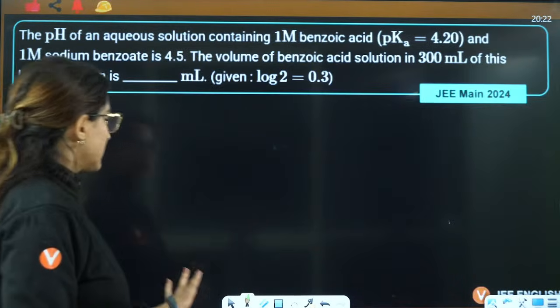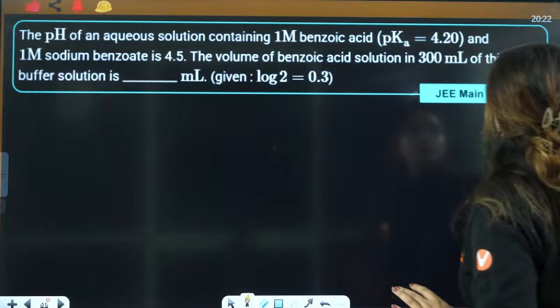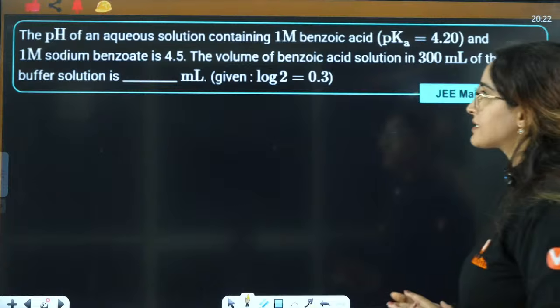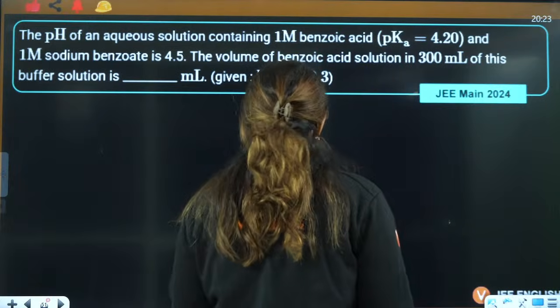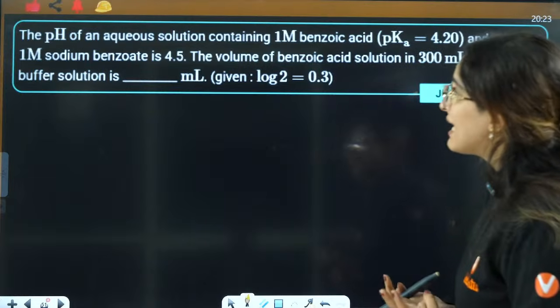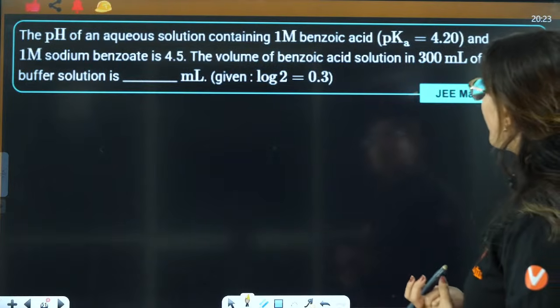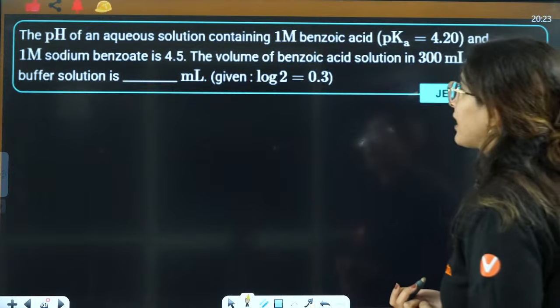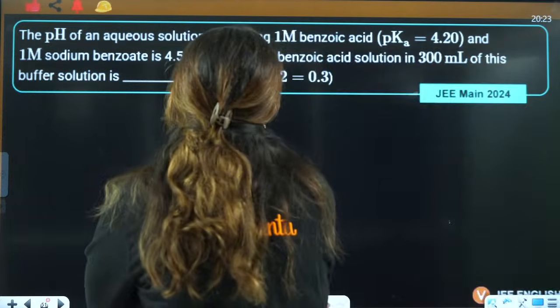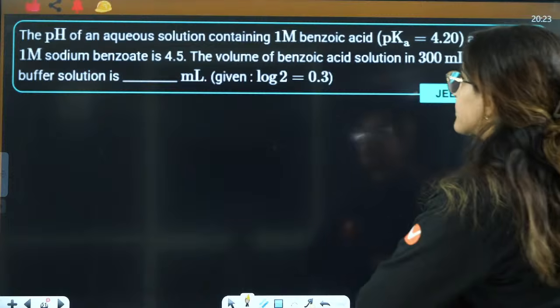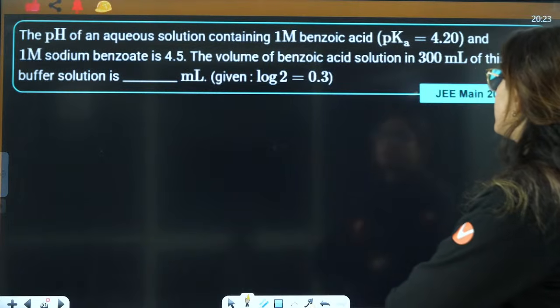Now let's see the next question, that is a JEE 2024 question, right? Buffer, can you see, latest they are asking you. Right? Let's see that. The pH of an aqueous solution containing 1 mole of benzoic acid and 1 mole of sodium benzoate.